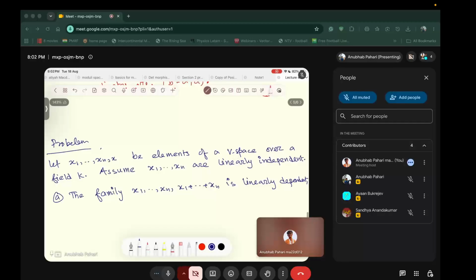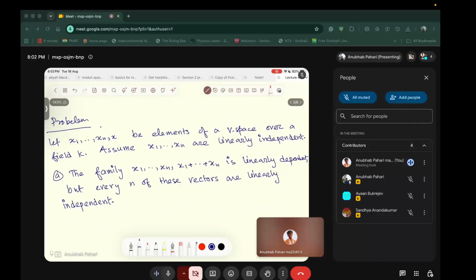But every n of these vectors are linearly independent. Okay, you should try this and we will talk about this after 5 minutes.